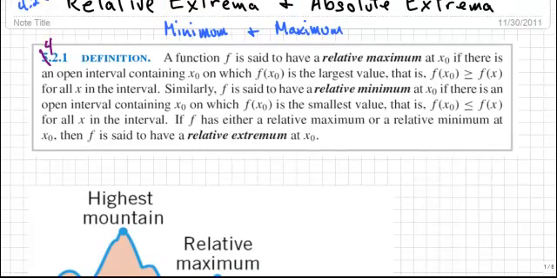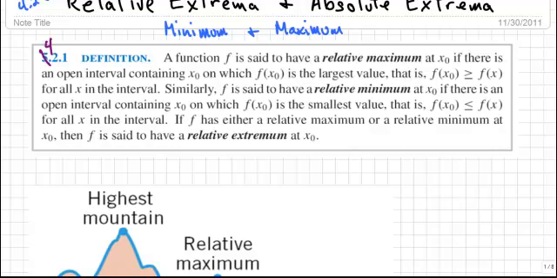Okay, so here's the definition of a relative maximum. We've got a relative maximum at some point x naught if there is an open interval containing x naught on which f of x naught is the largest value. That is, f of x naught is greater than or equal to f of x for all x in that interval.